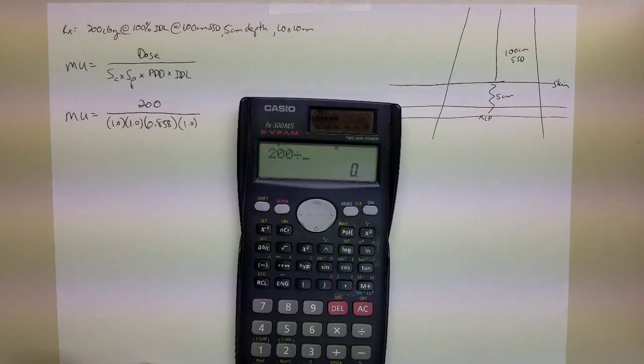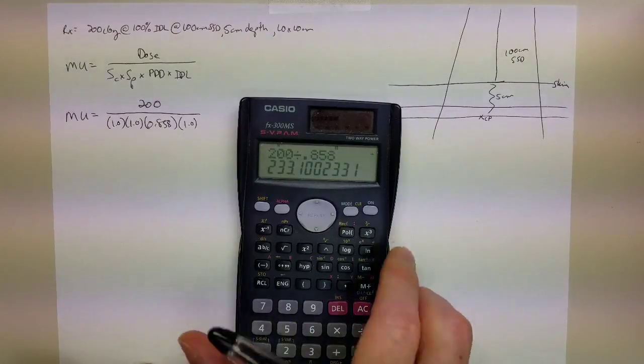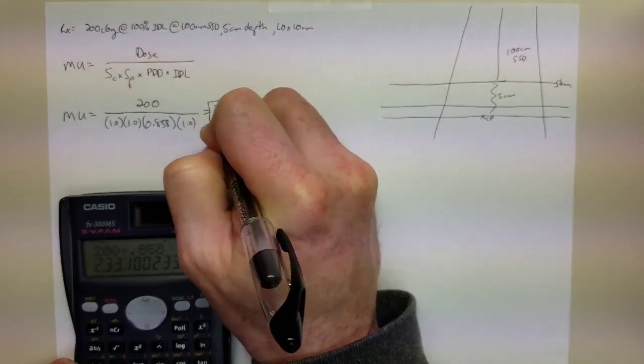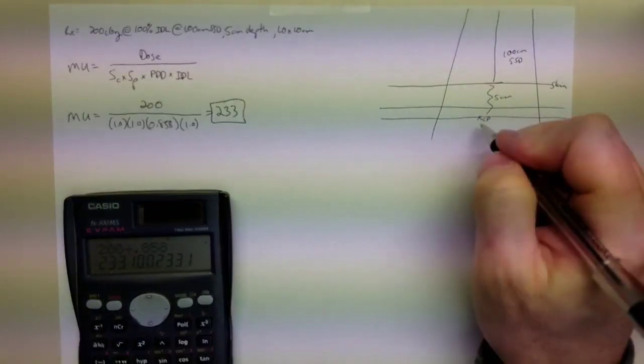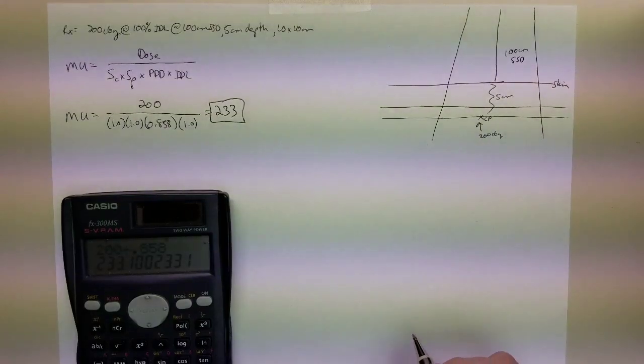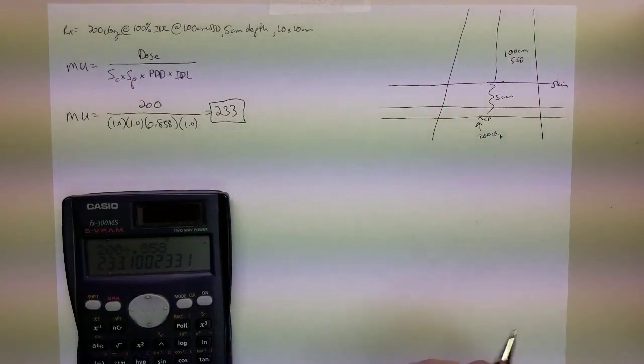Take 200 divided by 0.858, and I get 233 monitor units. So I need 233 monitor units to deliver 200 centigray to this calc point, which is effectively at 100%.